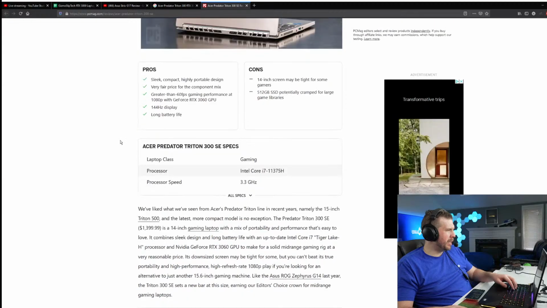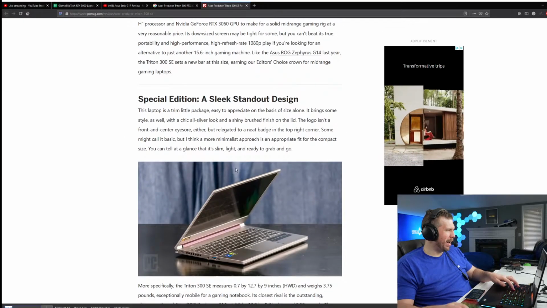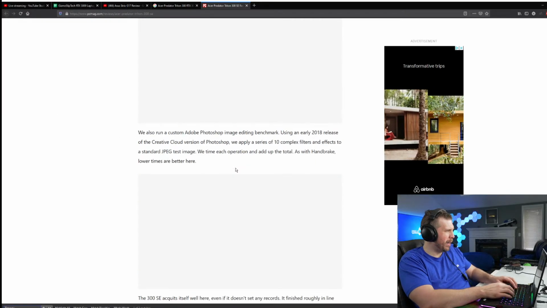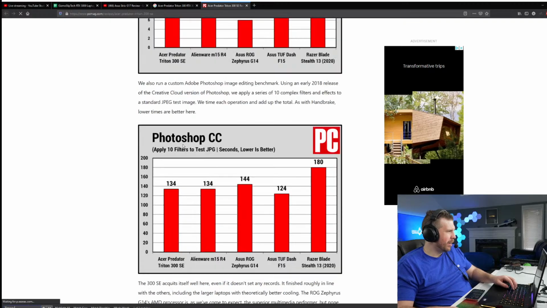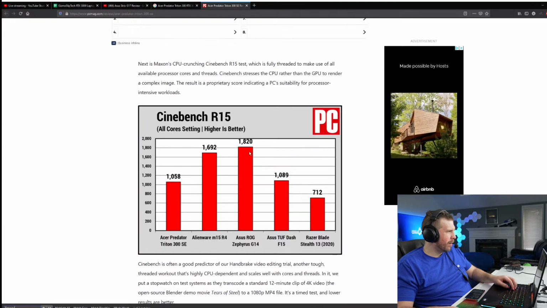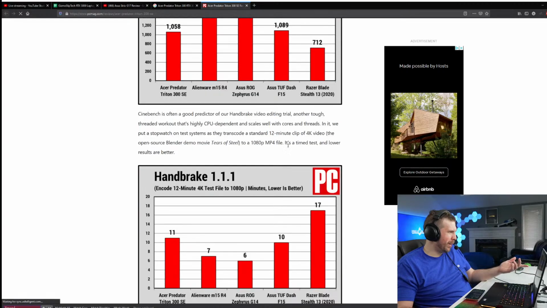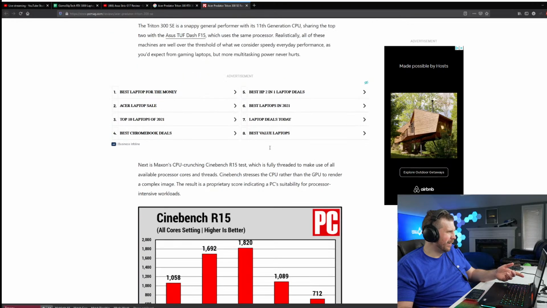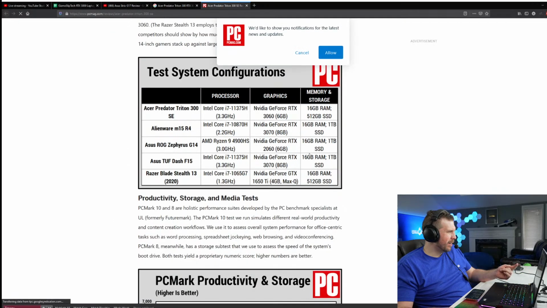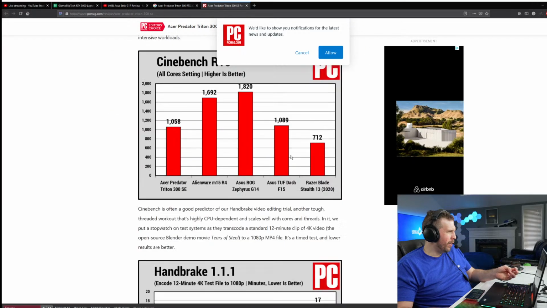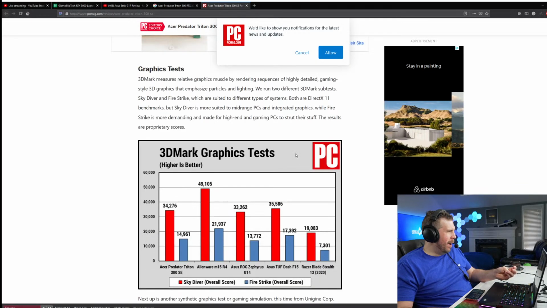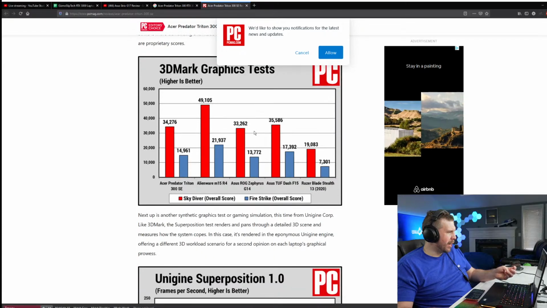All right, PC Mag, what you got for me? You got my numbers for me, PC Mag. Cinebench R15. Hey, that's not R20 though. Do they have Timespy? 3D graphics tests.